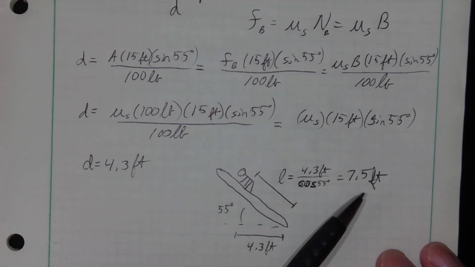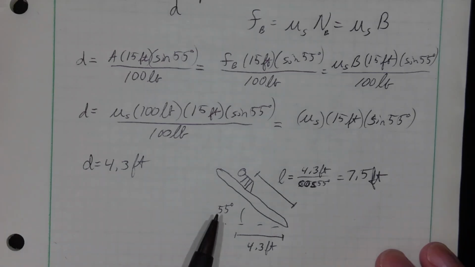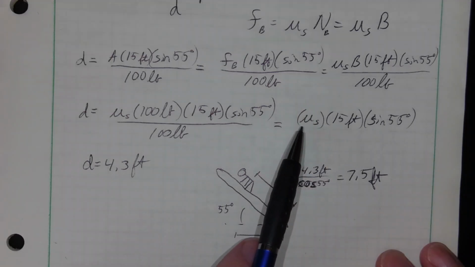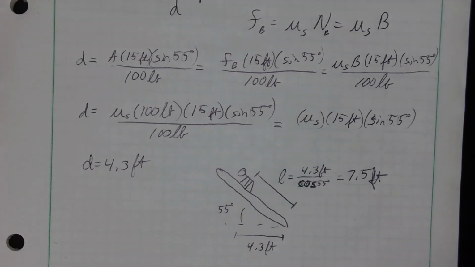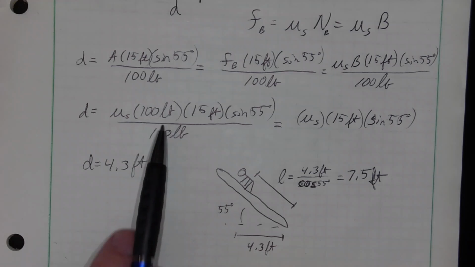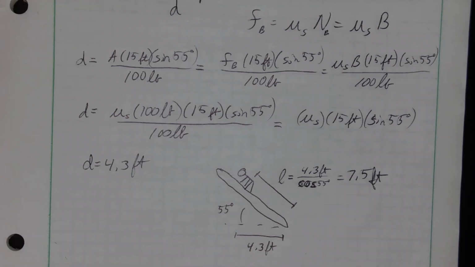And turns out just for this angle and this static coefficient of friction, you end up halfway up the ladder. Now, I think that changes depending on the angle and the static coefficient of friction, but in this case, mathematically, you end up halfway up the ladder at 7.5 feet of this 15-foot ladder. But again, that's always interesting. The weight doesn't actually impact this answer.